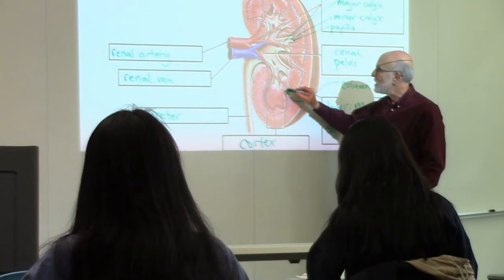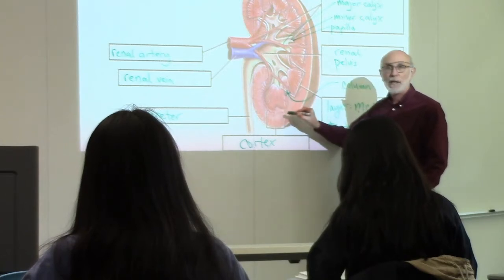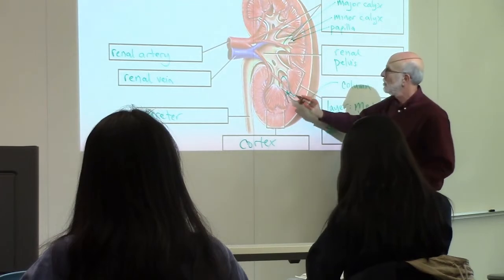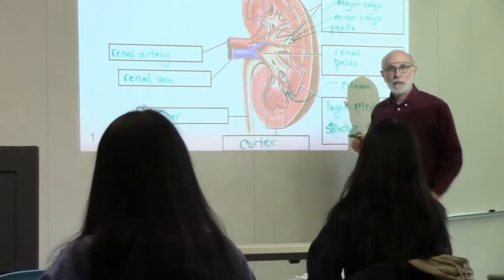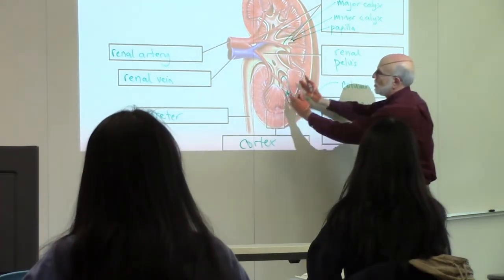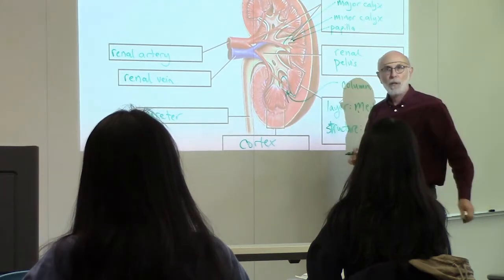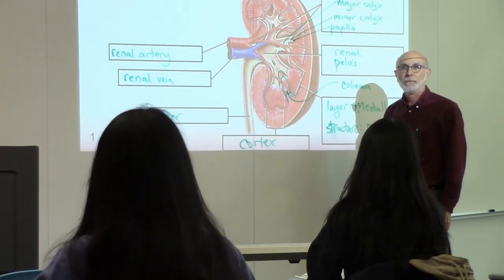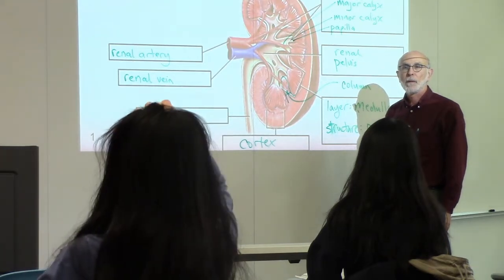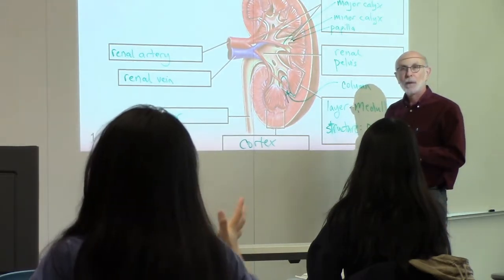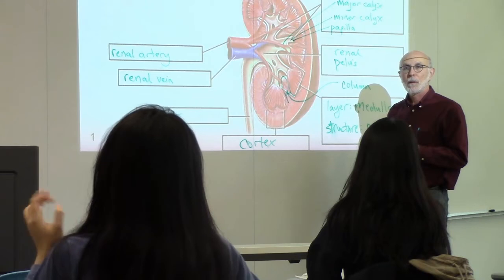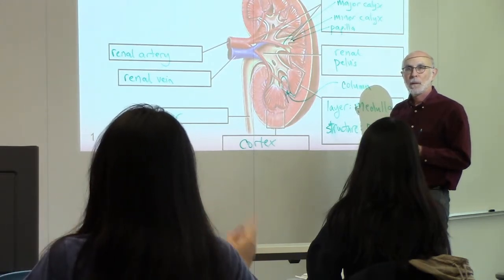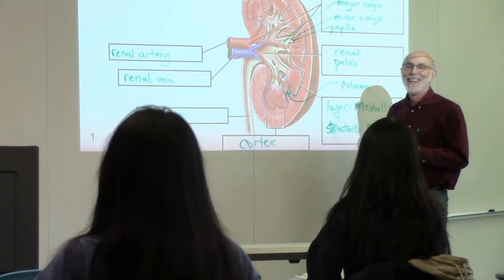It actually also has some juxtamedullary nephrons because this column has a surface in contact with the medulla, with the pyramid. I wouldn't ask that question.